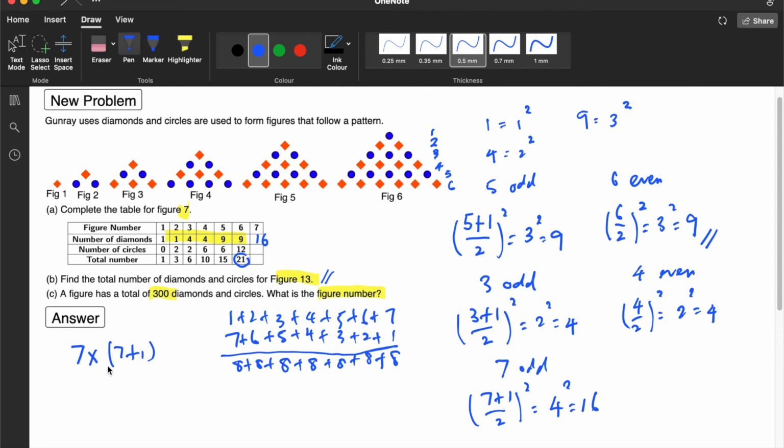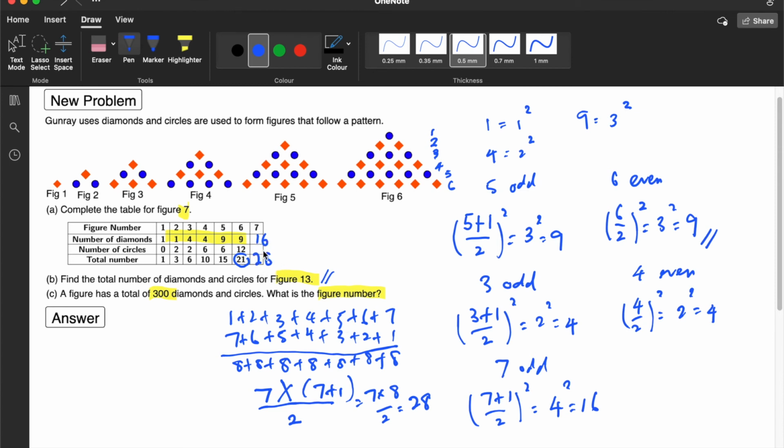In other words, the formula is 7, the figure number, multiplied by 7 plus 1, and then the whole thing divided by 2. So this is actually 7 times 8 over 2, or 7 times 4, which is 28. So the total for figure 7 is actually 28.